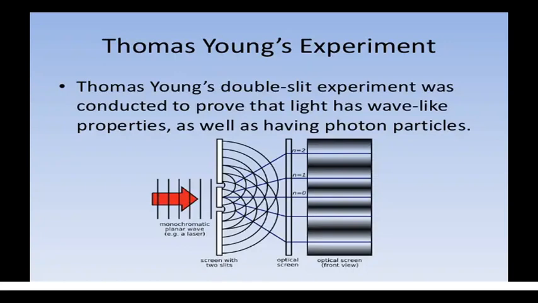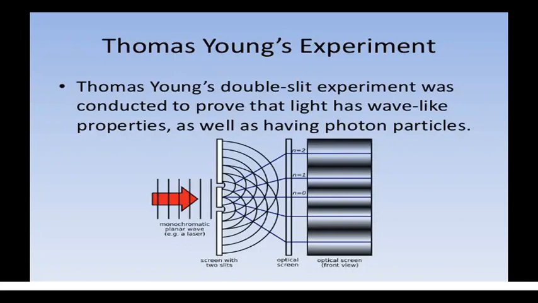So whenever two crests meet each other, we know that it forms the maximum intensity, so that a bright region appears, and this is known as constructive interference.